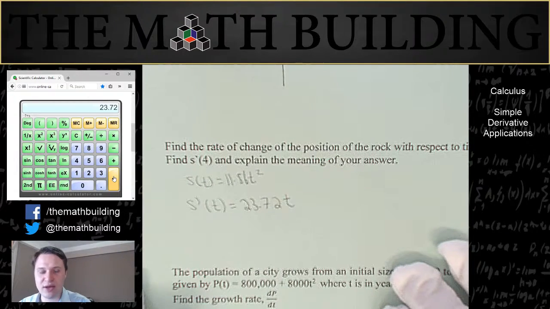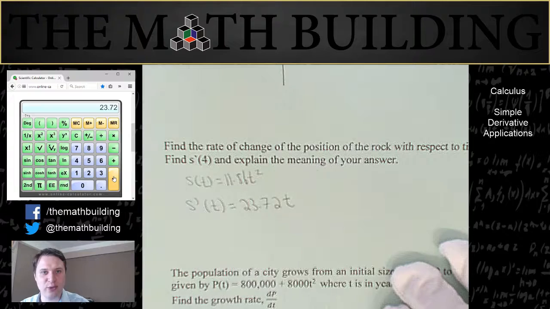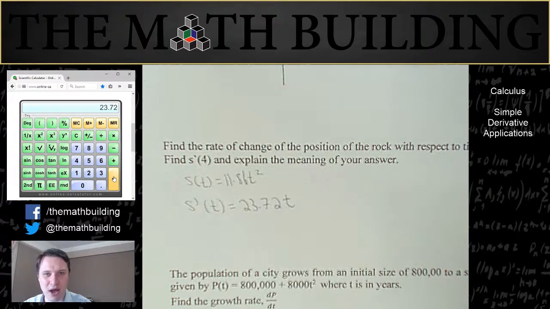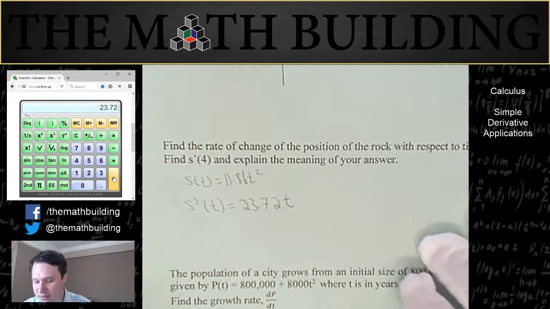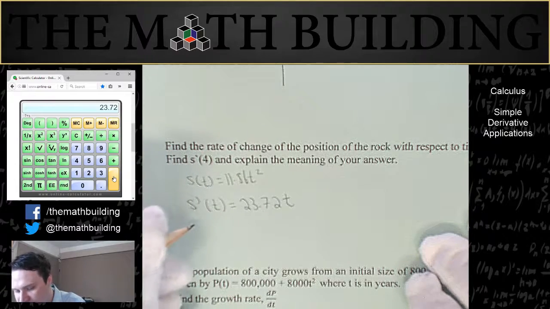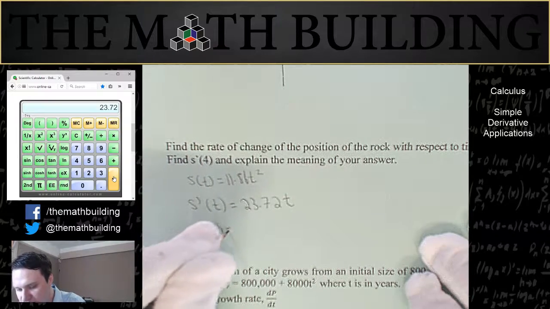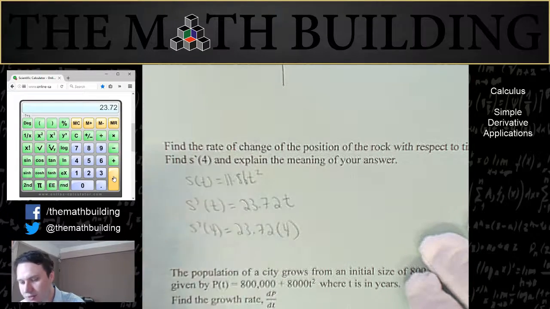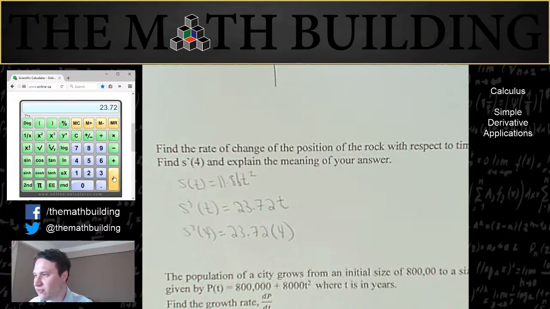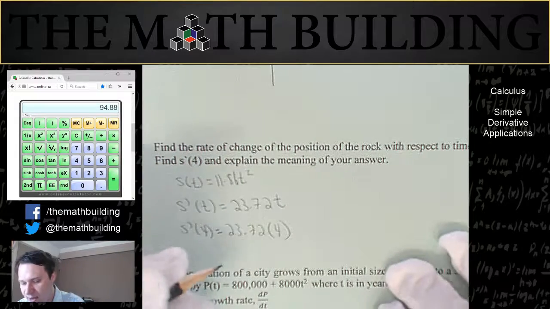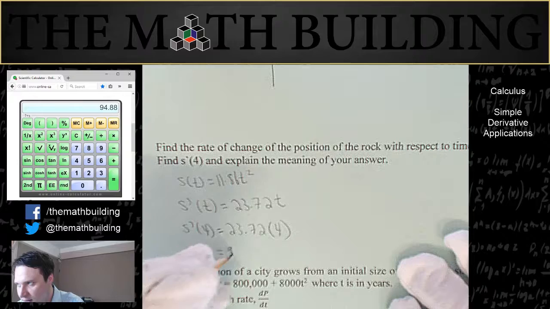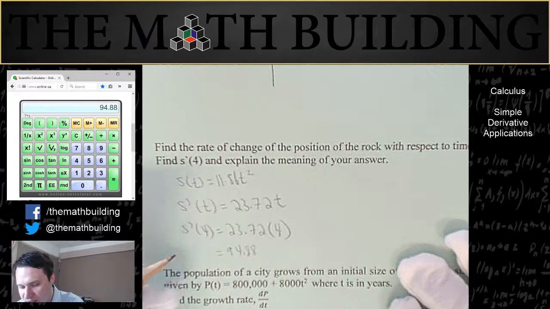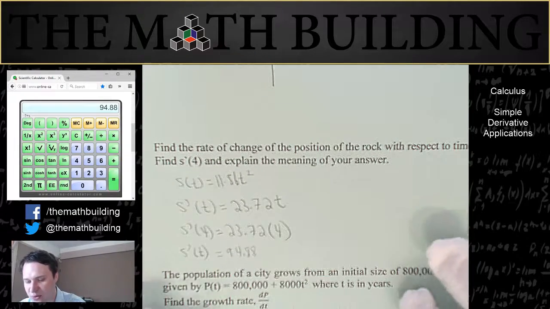So this equation now gives us the velocity of the object we dropped at every moment in time after we dropped it. And so if we want to find what S prime of 4 is, we simply plug in a 4 right there. Let's multiply that by 4, and we get 94.88. So S prime of 4 is 94.88.